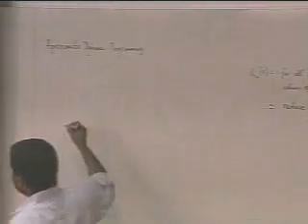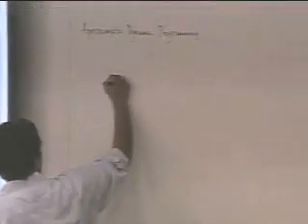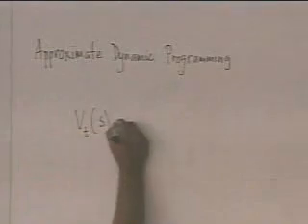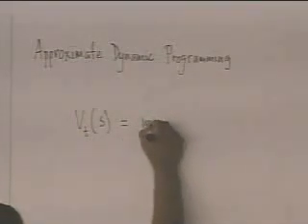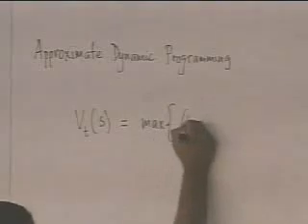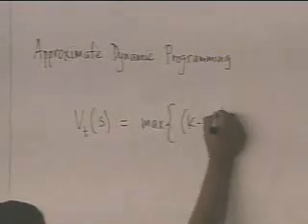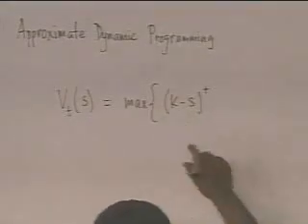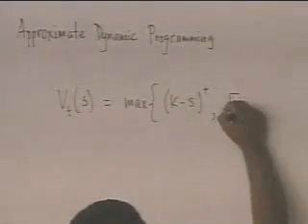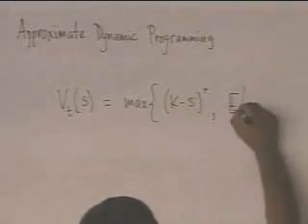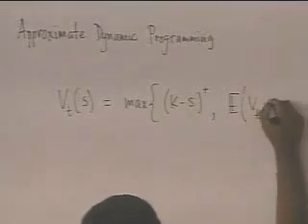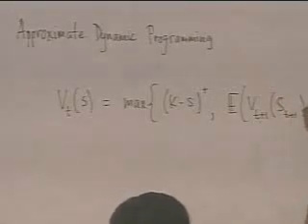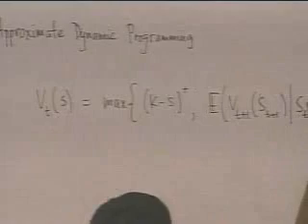So here's what we had. We had a dynamic programming recursion which said that V_t of s is equal to the maximum of two quantities, (K minus s) positive part, and here I'm assuming that H of s is in fact K minus s, exercise now, or look at the expected value of V_{t+1} of S_{t+1}, given that S_t is equal to s.